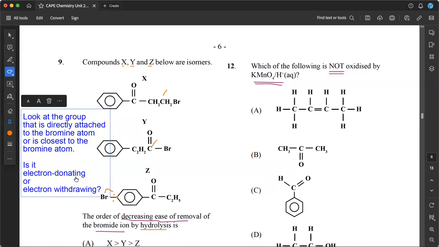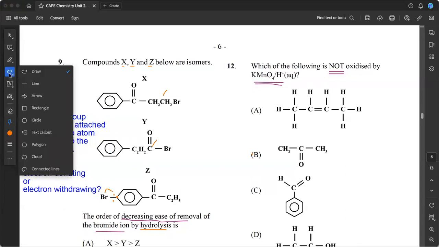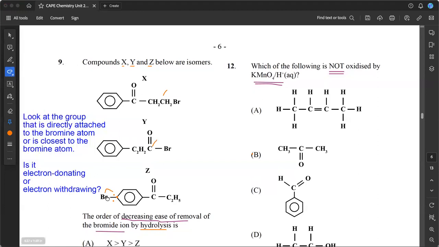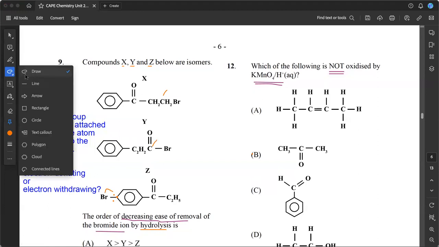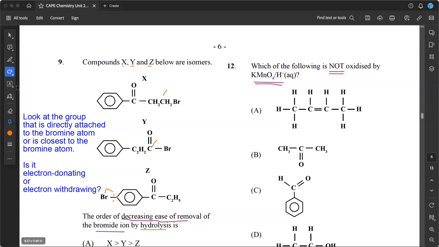That's how it's going to end up leaving as a bromide ion, right? So if there is some kind of heterolytic fission there, right? And so we have that leaving with all the electrons, and so we end up having the bromide ion, right? So that's what needs to happen. In all these cases, that's what's going to need to happen, okay?